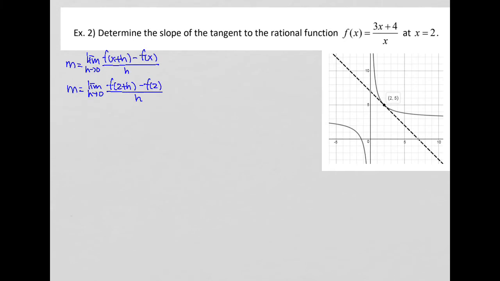The next thing we do is we're trying to find out what will be f of 2 plus h and f of 2 on the side. So we know the function f(x) is (3x plus 4) over x. So first thing is we substitute 2 plus h in here. So it'll be 3 times (2 plus h) plus 4, over 2 plus h.